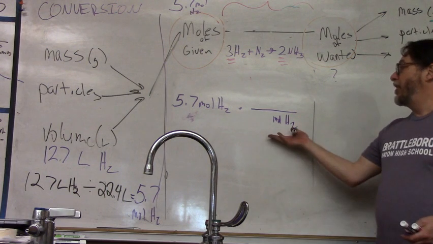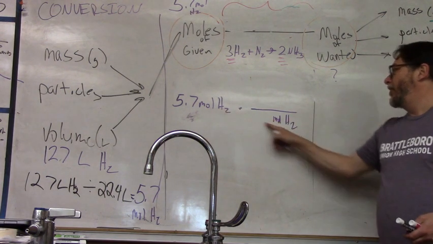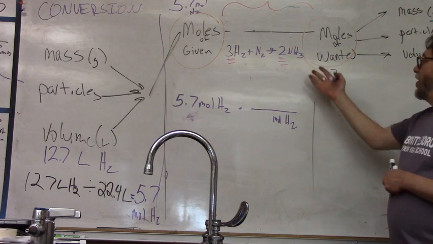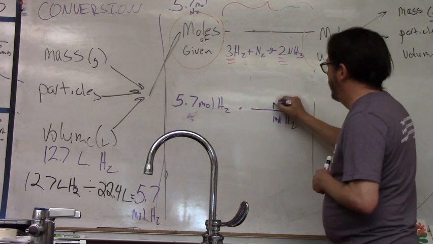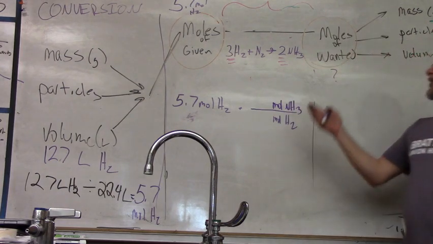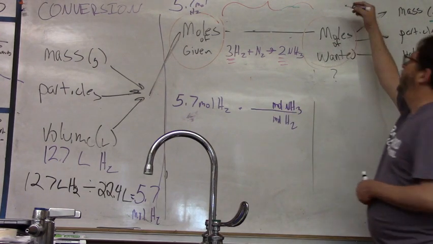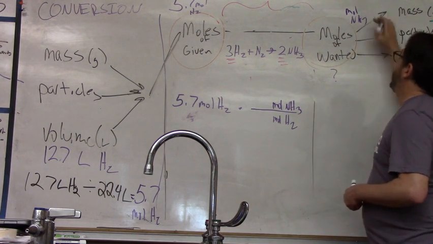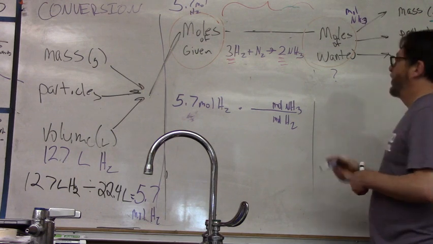So I put H2 on the bottom of the conversion factor because that'll put these over each other and they'll cancel out. And I want moles of ammonia, moles of NH3, up here because that's what I'm going for, right? I want moles of NH3 in this case to be my wanted, given and wanted.